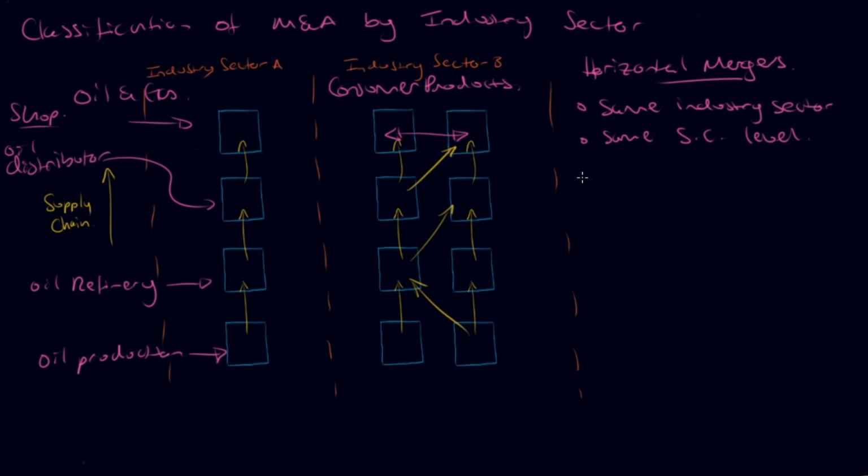An example would be in 1999, Exxon, the oil and gas corporation, combined with Mobil to produce Exxon Mobil. Exxon Mobil still survives today, and it's one of the largest oil companies in the world.